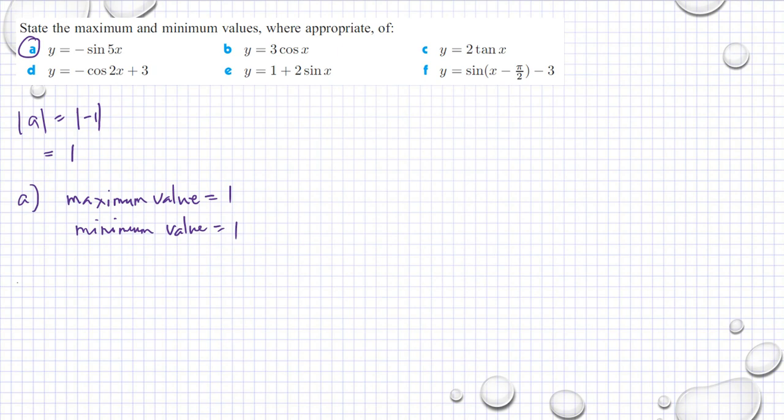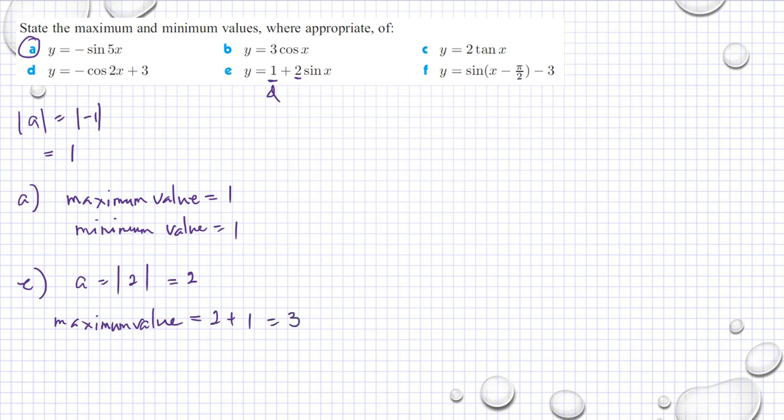And then we try E. We have A is equal to the absolute value of 2. And then that is equal to 2. This is our A. So our maximum value is equal to 2 plus our D there, 1.